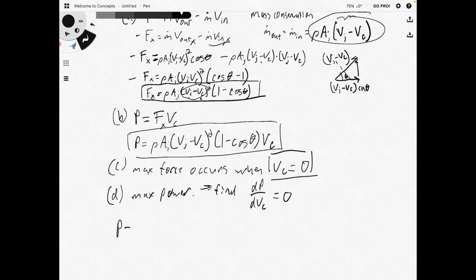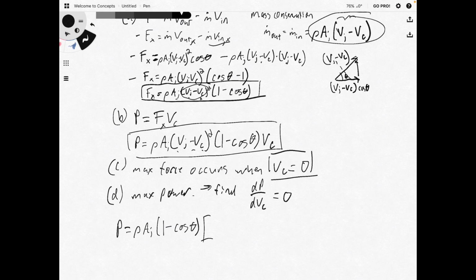we can say that this power, let's expand it a little bit here. So it's going to be rho Aj times 1 minus cosine theta times, we're going to take this term and expand it out so we can take this derivative just a little bit more easily.